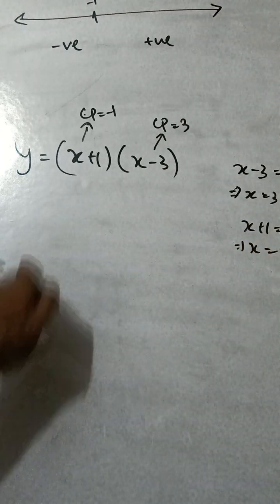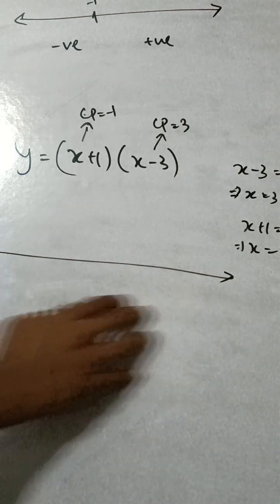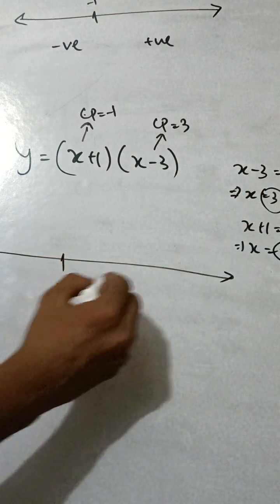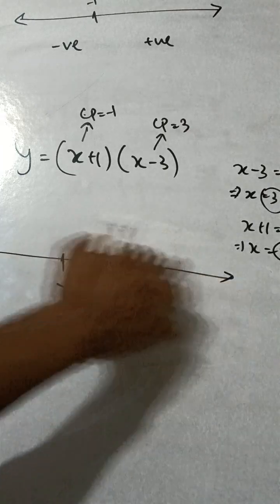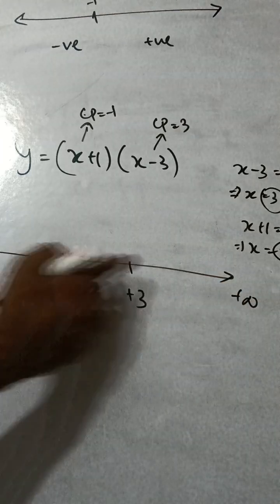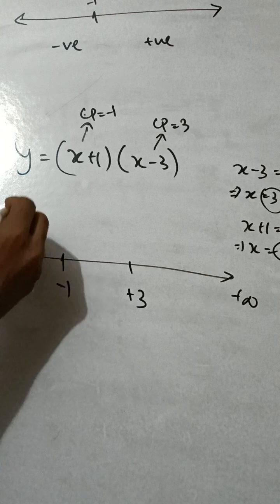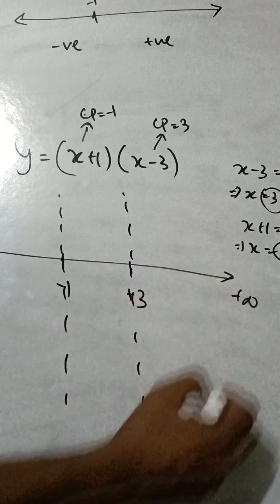Next, we again bring up our real line and plot these two points, minus 1 and plus 3. Minus 1 will be on the left-hand side of plus 3. Once we plot these two critical points, this entire real line, from minus infinity to positive infinity, gets divided into three regions.